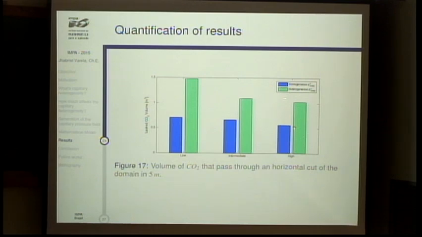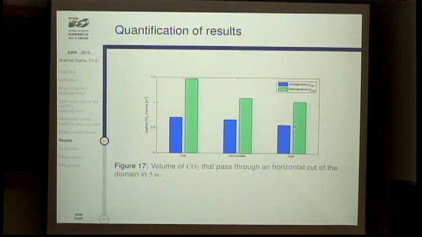In all the models, the inclusion of the homogeneous entry pressure leads to a lower amount of liquid CO2, and the consideration of the heterogeneous entry pressure field leads to a higher liquid volume of CO2.